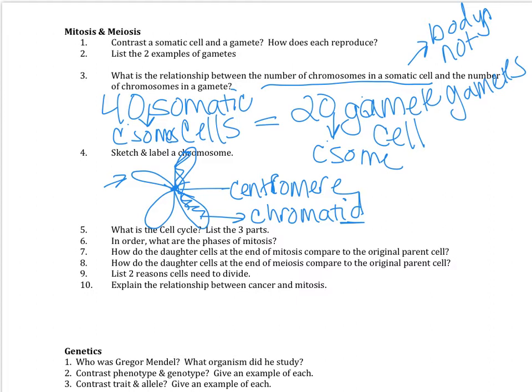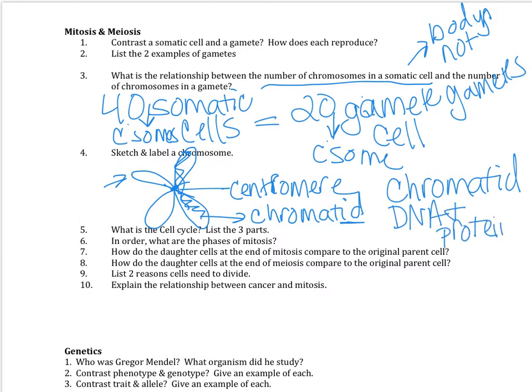You call them sister chromatids. That's basically all you need to know. Remember that it's made up of chromatin. Chromatin is just DNA wrapped around protein, and we call that protein a histone. Sweet.